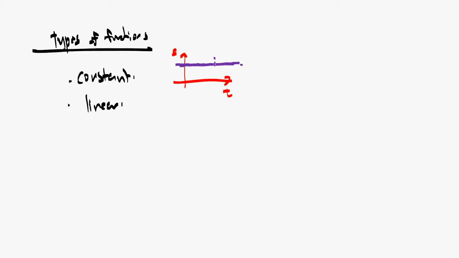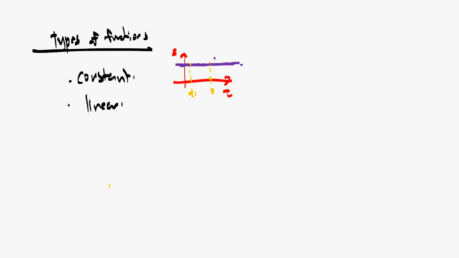The graph of position is not changing, which means the object is not moving. It's not changing its position from time one to time two.